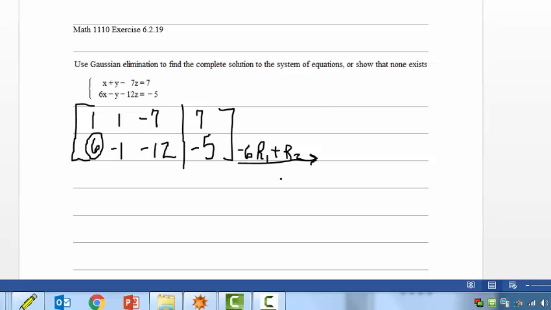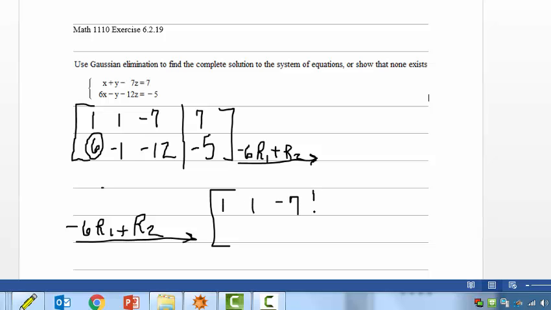So my anchor row is row 1. So I work in column 1 to get the zeros. The anchor row is row 1, I'm sorry, if I'm getting zeros in column 1.